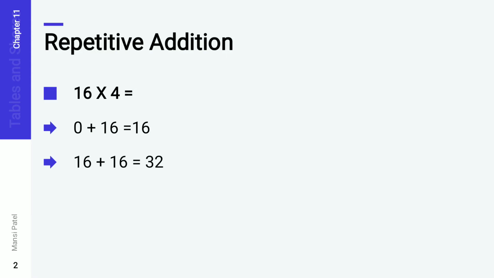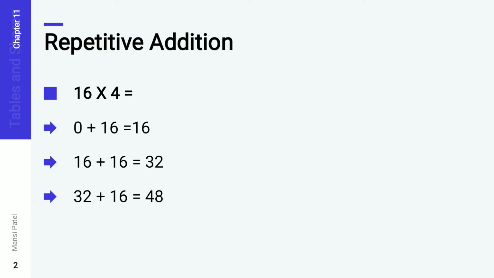Now you have to add the number 16 a third time, to the previous answer. So 32 plus 16 is equal to 48.